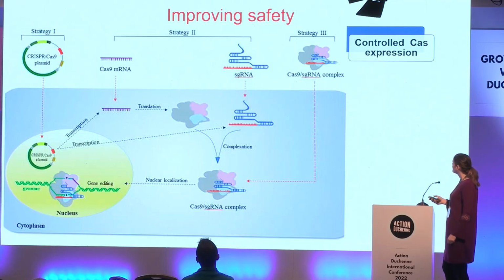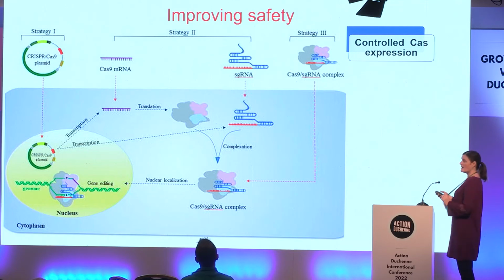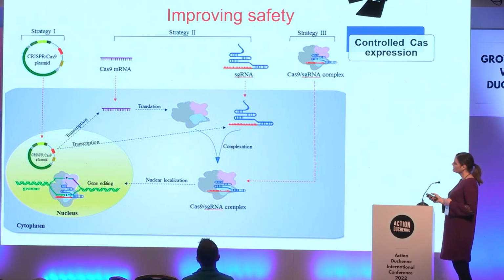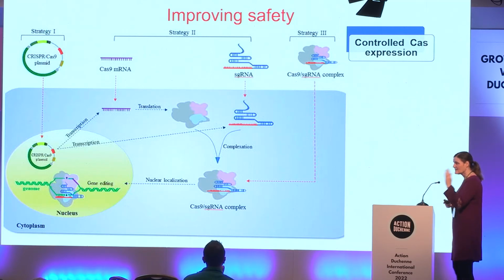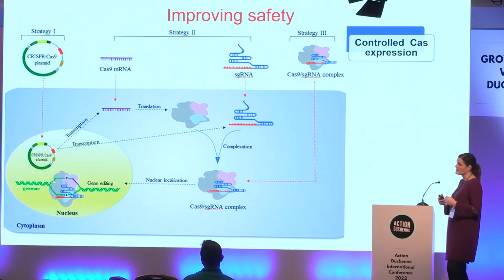So lastly, controlled Cas expression. Annemiek talked about this, but if we get a transient expression, so it's just there for a little while and then disappears, that is much safer than having permanent expression using an AAV. So using the nanoparticles would be great, but we could also deliver the protein in these lipid carriers so that they get turned over.